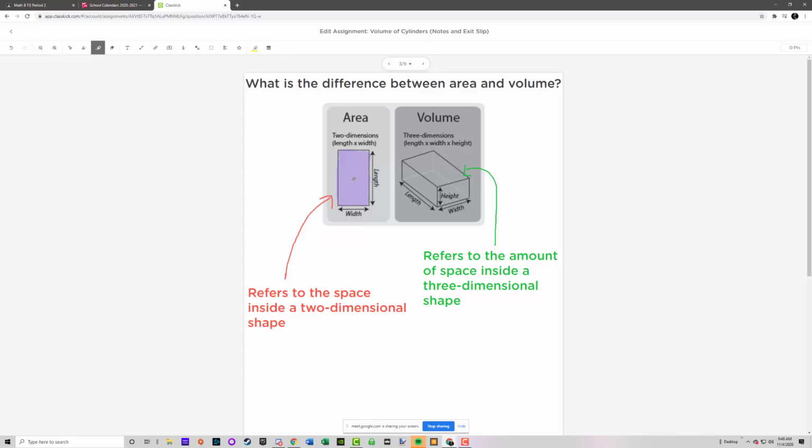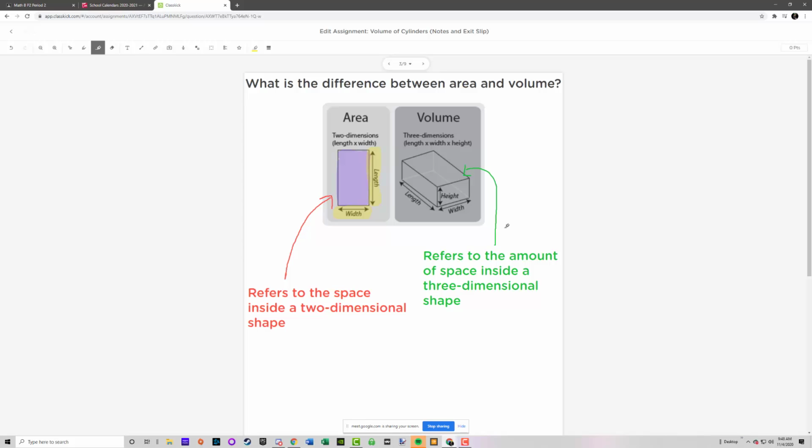Now, a rectangle like this one here, shapes with area, like I said, they only have 2 dimensions. They have width and they have length.